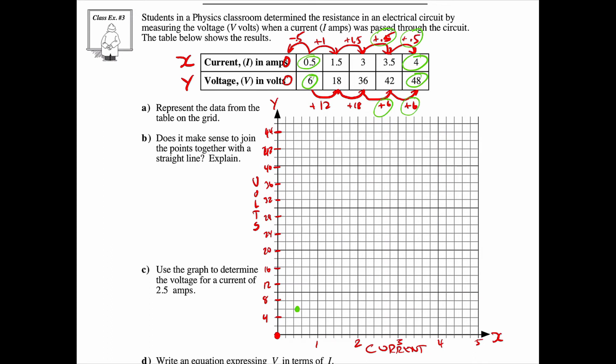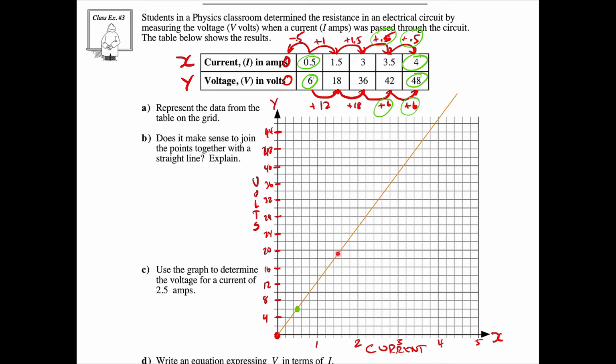Now, if it's going to be a straight line, it should go from the 0, 0 point and through that point right there. Now let's just see if that works out. Let's go to the next one that says at 1.5, it's at 18. So again, I'm going to go 1, 1.2, 1.4, 1.5, and where does it cross? Right around there.